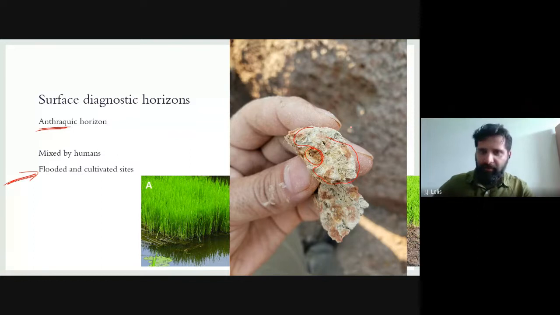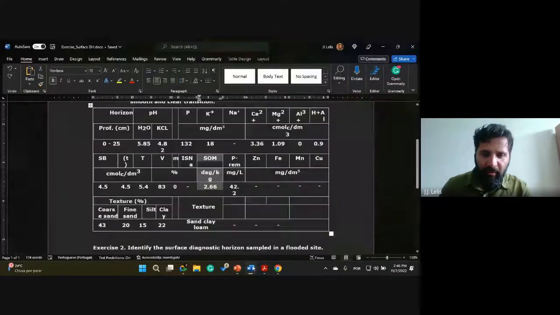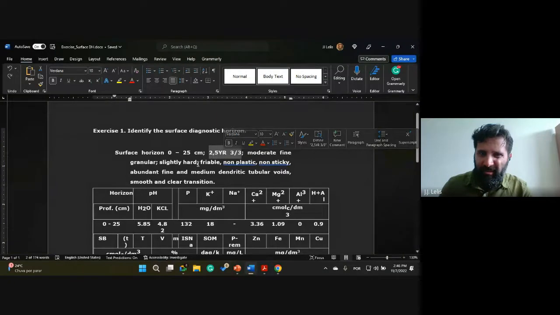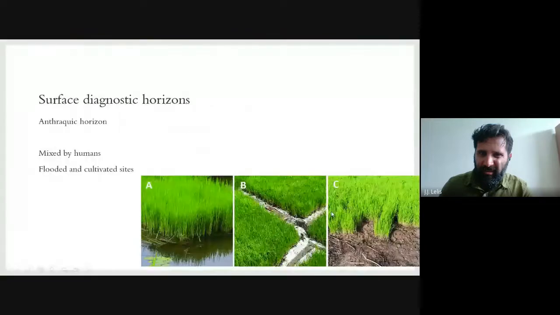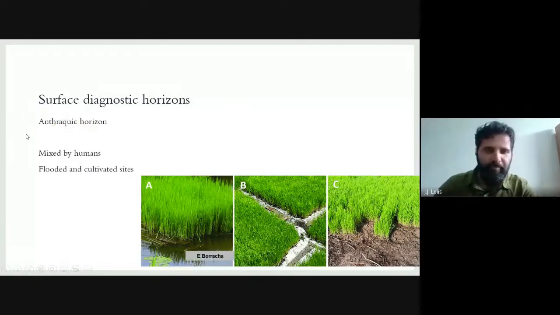In this case, the horizon presents a red color, so it doesn't present gray colors, and it is not a gleyic horizon, right? Yes. It's not it.